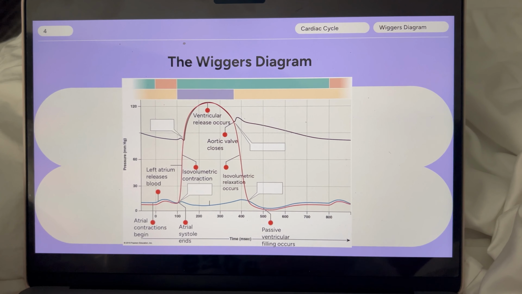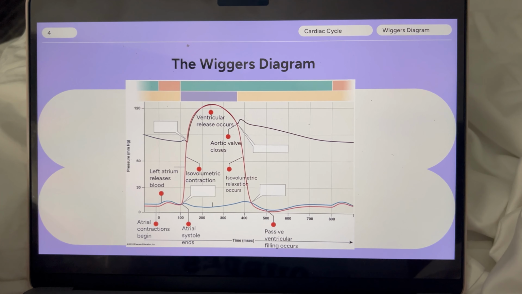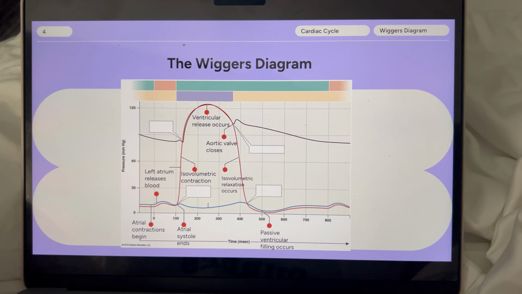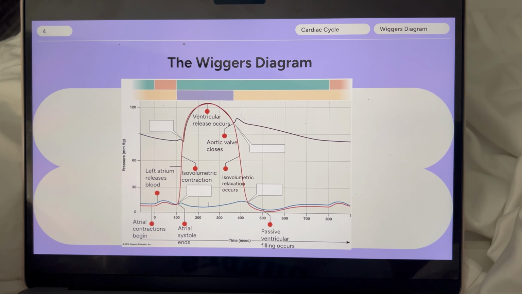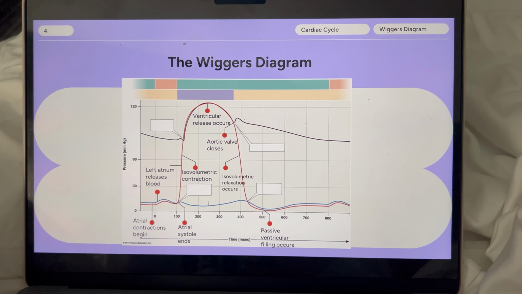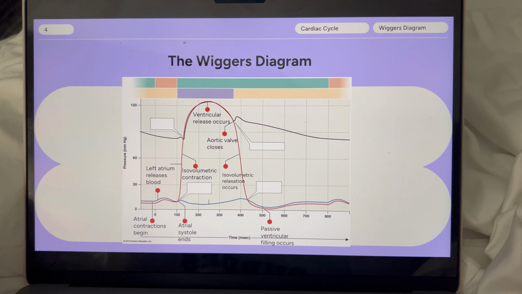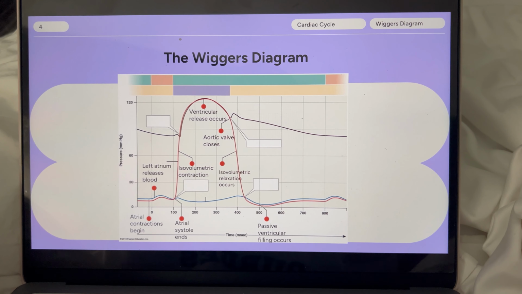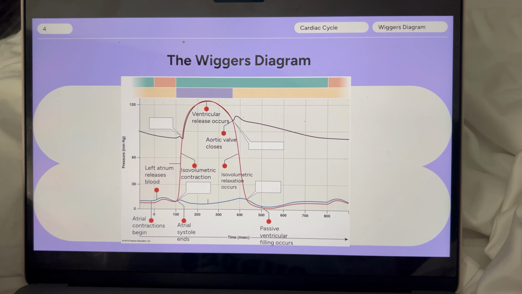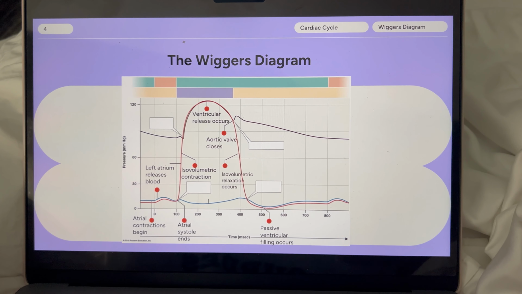It begins showing the different steps of this cycle being done, and it starts with the atrial contractions at the beginning, which then carries all the way until the passive ventricular filling, which is at the end of the cycle, and then this is repeated over and over again.